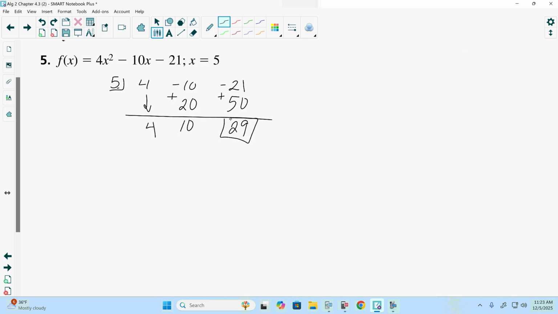So the remainder for this function, or the value for this function when x is 5, is just 29, because f of 5 will equal 29. So the solution, if we did do the division, would be 4x plus 10 plus 29 over x minus 5. But here we're just looking for that value. Questions on this here?